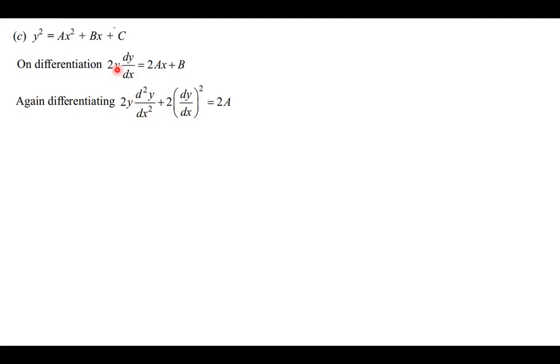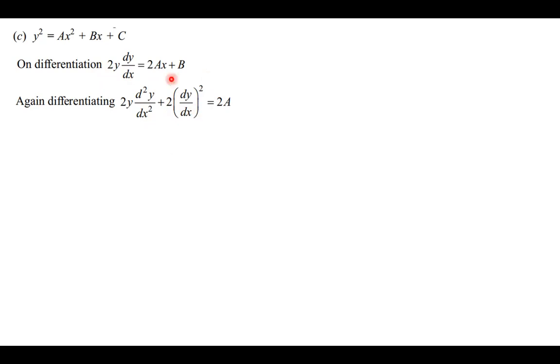You differentiate 2y, you get 2 dy/dx, multiplied by dy/dx, meaning the dy/dx will be raised to the power 2, and then times 2. So this is how this came about.